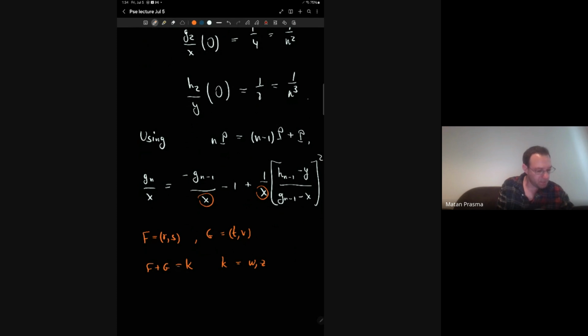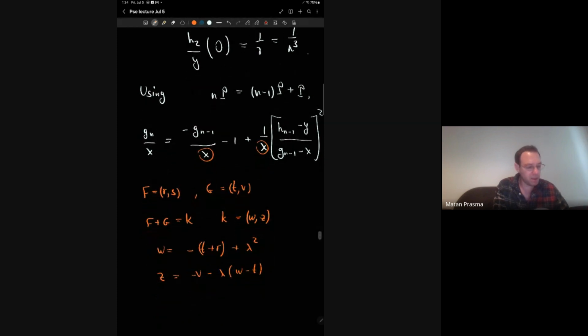And the formula for w is minus t plus r plus lambda square, and the formula for z is minus v minus lambda times w minus t.